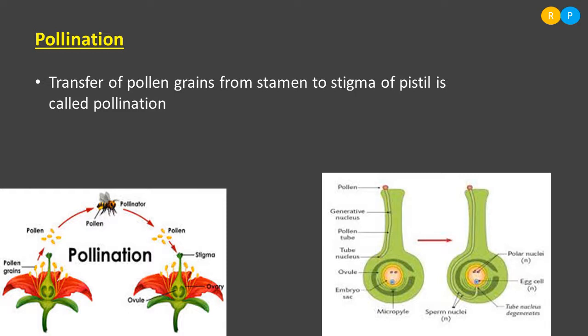This is how the transfer of pollen grain unknowingly takes place from one flower to another with the help of vectors like insects. Understood, right? The carrying agents of pollen grain vary from one type of plant to another, but the process of carrying the pollen grain from the stamen to the stigma is named pollination.